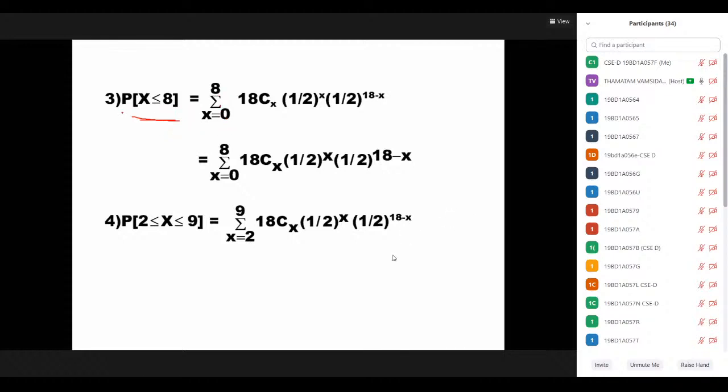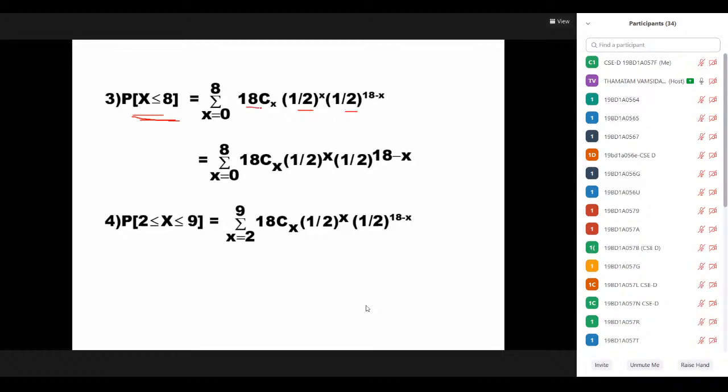For finding this probability, you can use this formula: summation x equals 0 to the maximum value 8 of nCx, where n is 18, into p power x into q power n minus x. The p value is 1 by 2 and the q value is also 1 by 2.